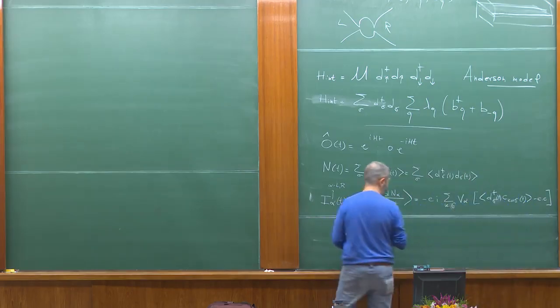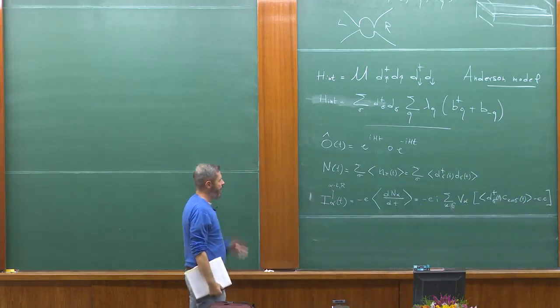Okay? So this is the current that flows out of lead alpha.